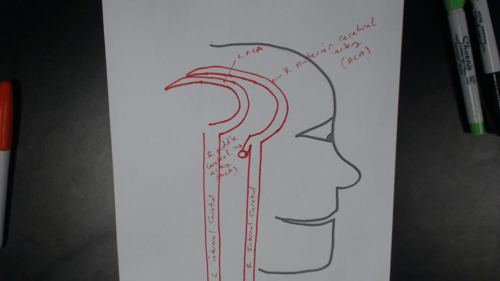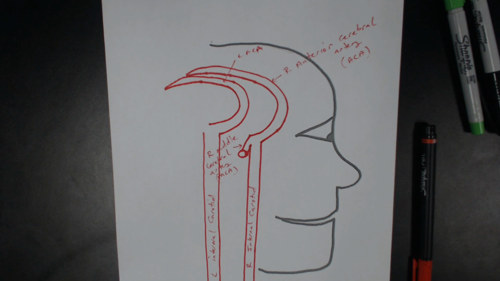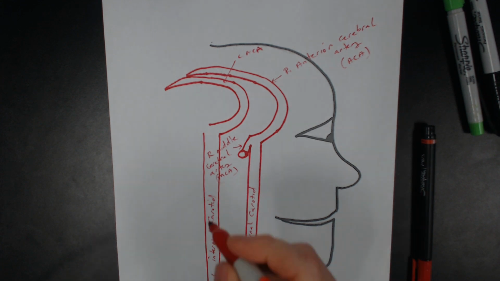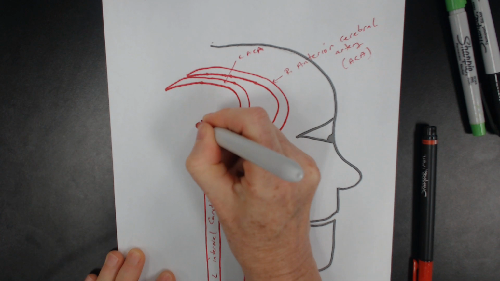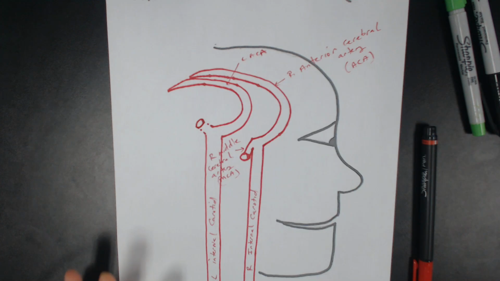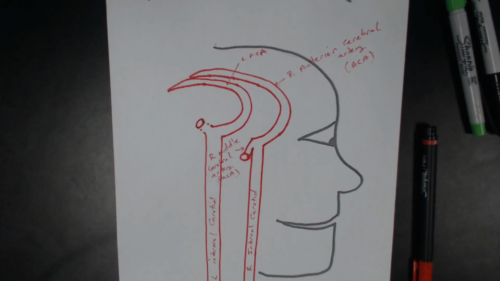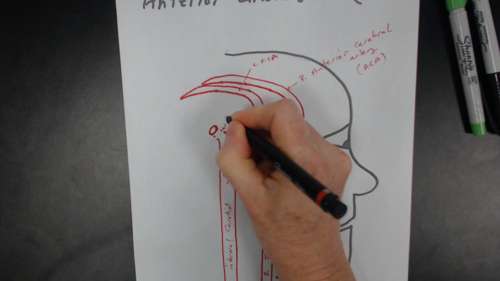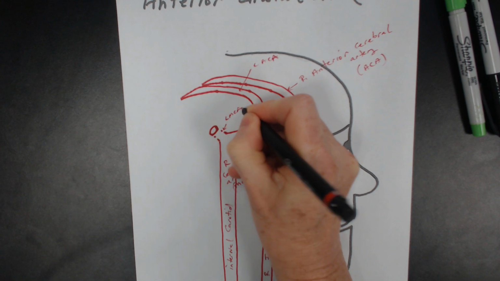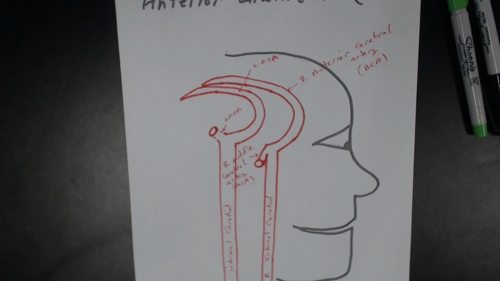Then I'm going to have another major branch coming off the left internal carotid that's going to go out through my left ear, and I'll try to draw that with a little dash. This means it's going out through the back, through the ear on the left side, and this is going to be my left MCA. Left middle cerebral artery.